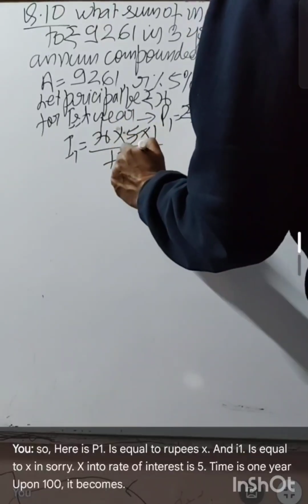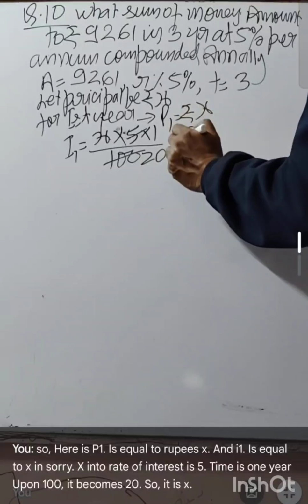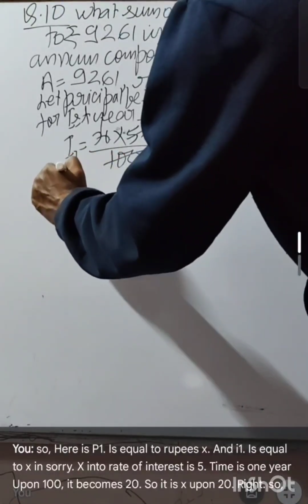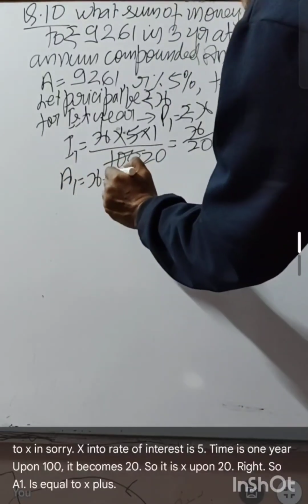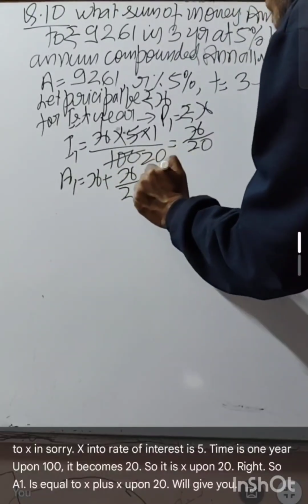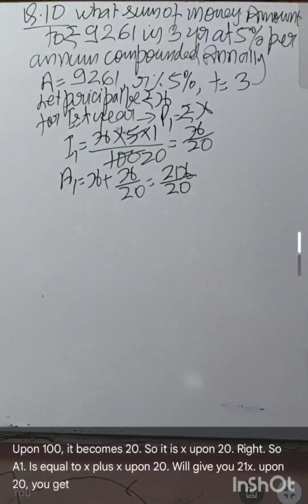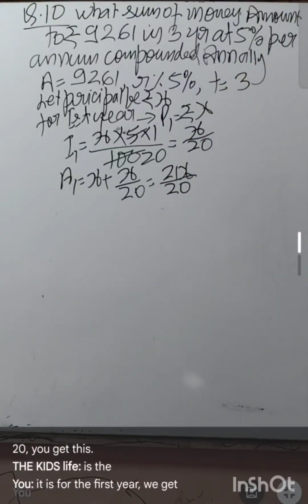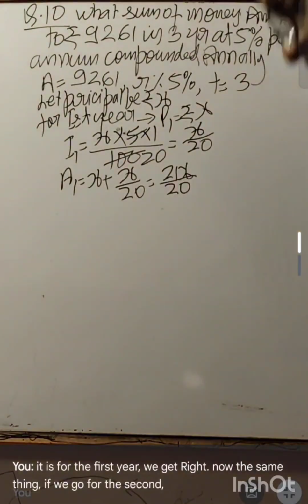It becomes 20, so it is X upon 20. So A1 is equal to X plus X upon 20, which gives 21X upon 20. This is for the first year.